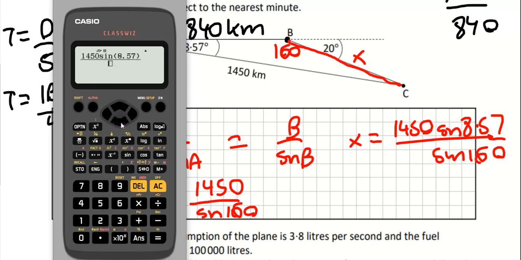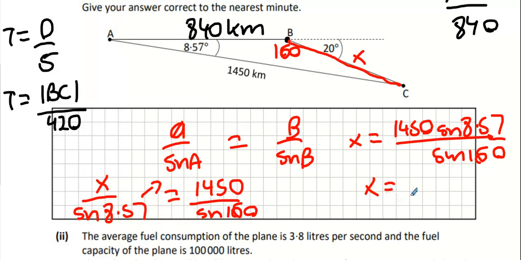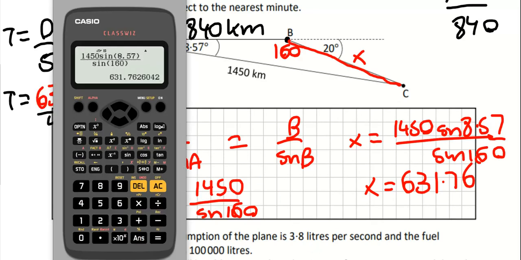Sine 160. And what we get there is an X value of 631.7626.